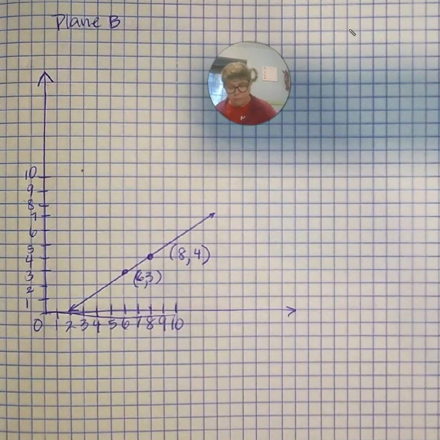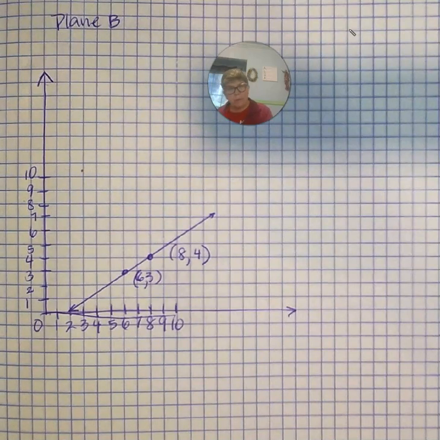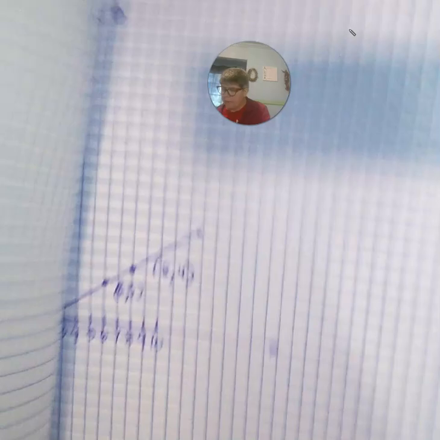And let's think about this line that we drew through 6, 3 and 8, 4. Can we draw an infinite number of lines through 1 point, but only 1 line through 2 points? Is that interesting? So through 8, 4, we were able to draw an infinite number of lines, right?